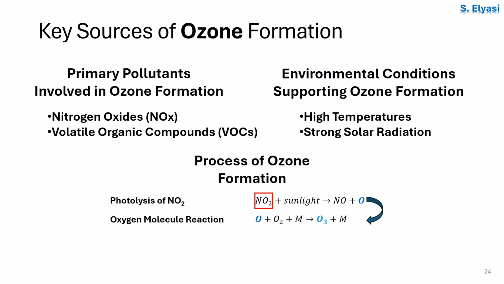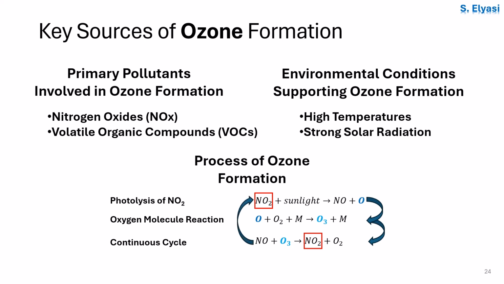The free oxygen atom, O, produced, reacts quickly with an oxygen molecule, O2, in the presence of a third molecule, usually nitrogen or water vapor, forming ozone. Continuous cycle. NO reacts with ozone to form NO2 and oxygen, continuing the cycle under favorable conditions.